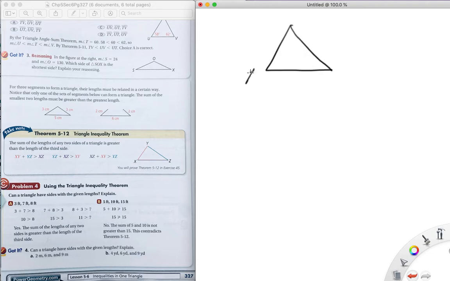X, Y, and Z, then side XY plus side YZ has to be greater than side XZ.